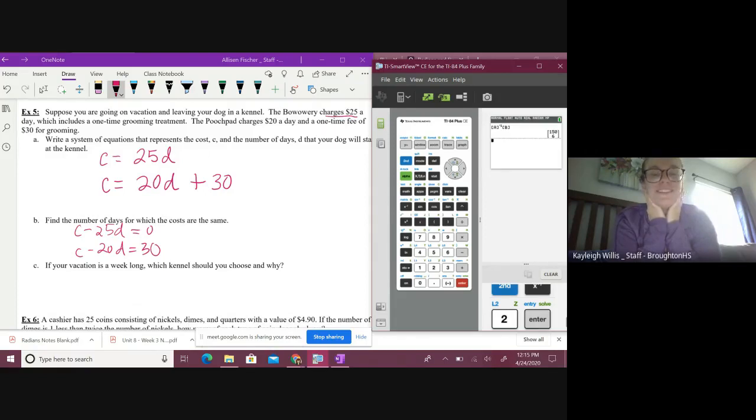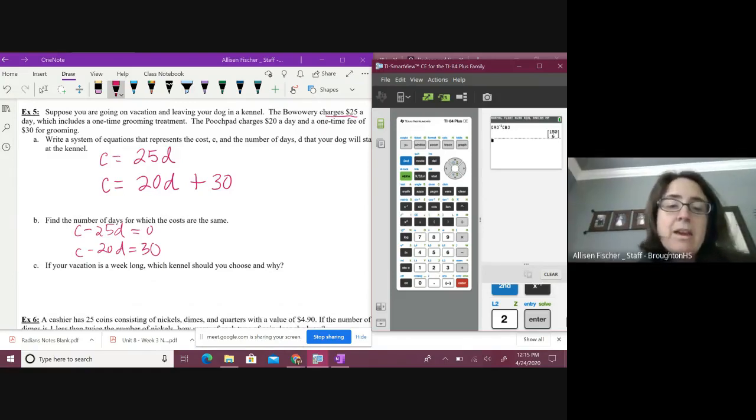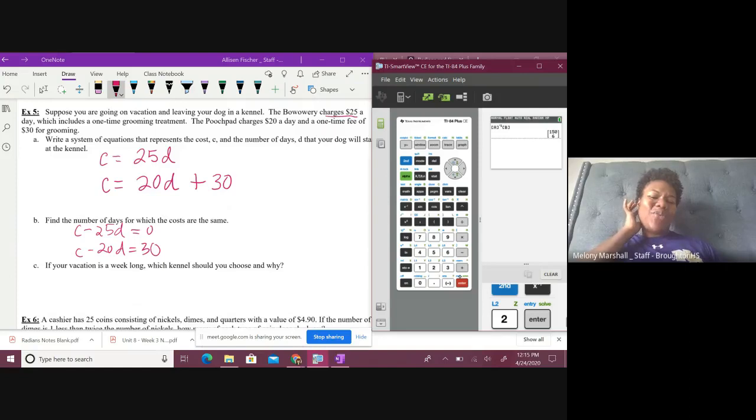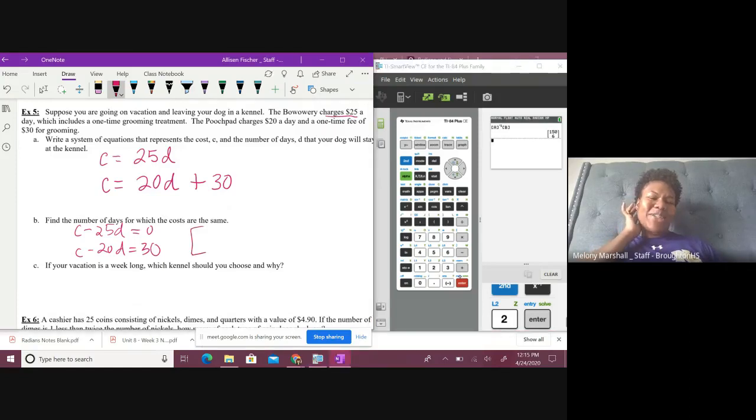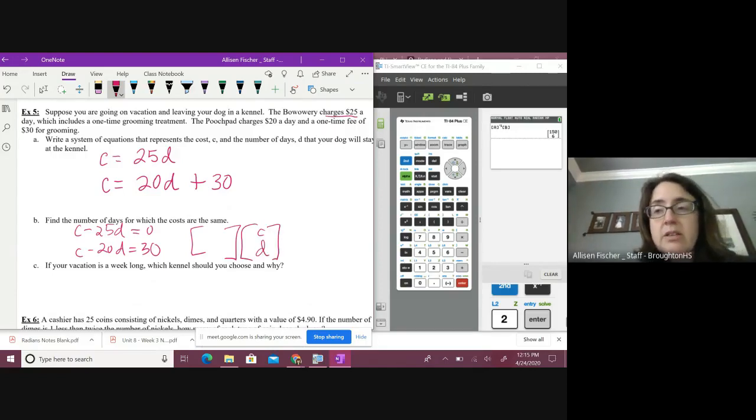Plus, we also have C's in the beginning. Yeah, so C is first and 150 is first. They go together. If we set up our matrix equation, the top would be C and this would be D. So the first number is in fact the cost. This question's asking us for the number of days for which the cost is the same, so the second number is our answer here. So 6 days is our answer.